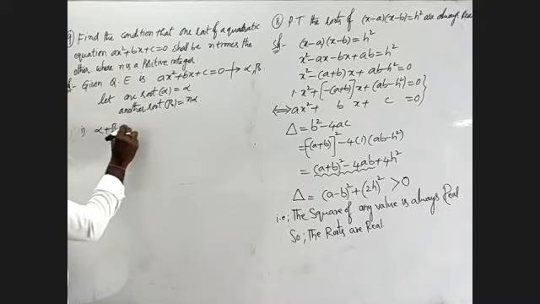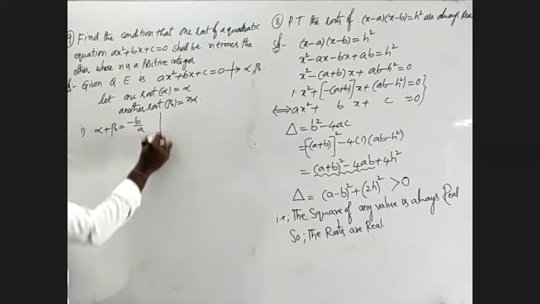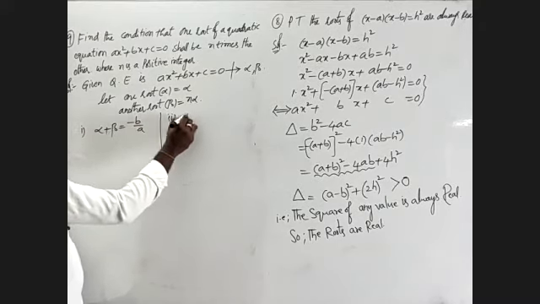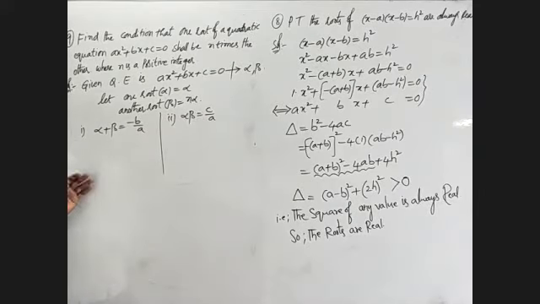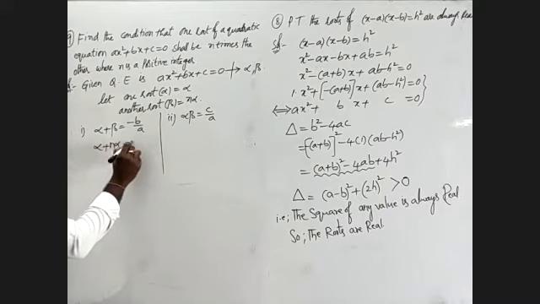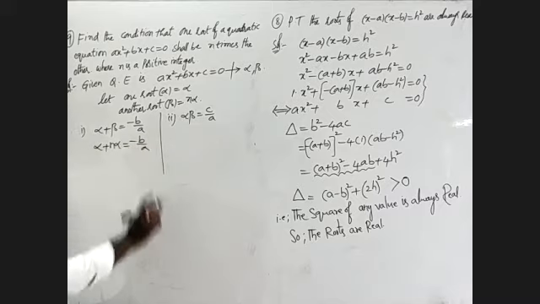We know the two conditions. First one is alpha plus beta is equal to minus b by a. Later, alpha beta is equal to c by a. This is the sum of the zeros, this is the product of the zeros.